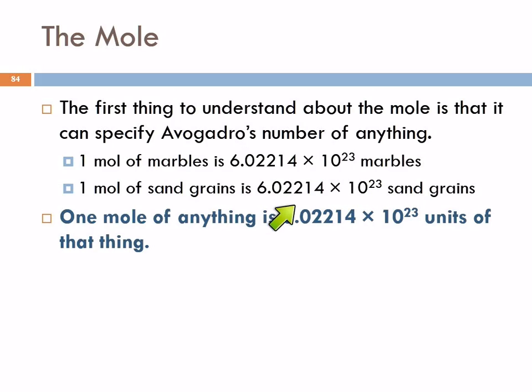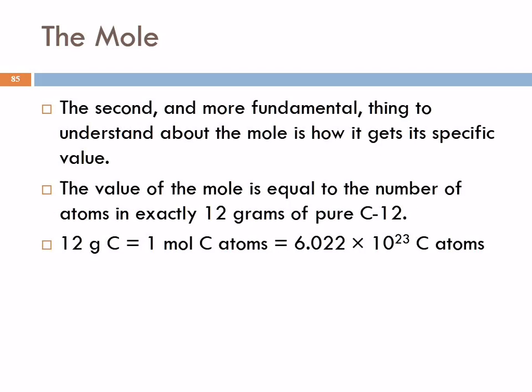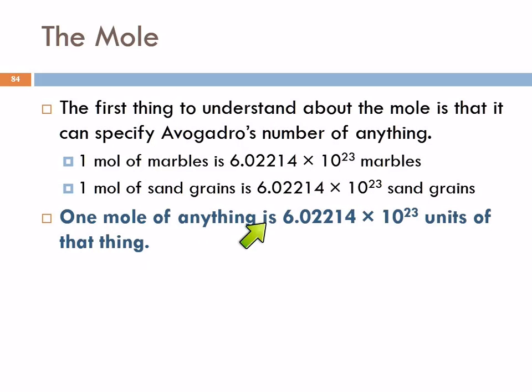This is a very big number. A mole of marbles, if I remember correctly, would cover the Earth to a depth of, I think, a mile or something ridiculous. That's a lot of marbles. So a mole of anything is this number of that thing.